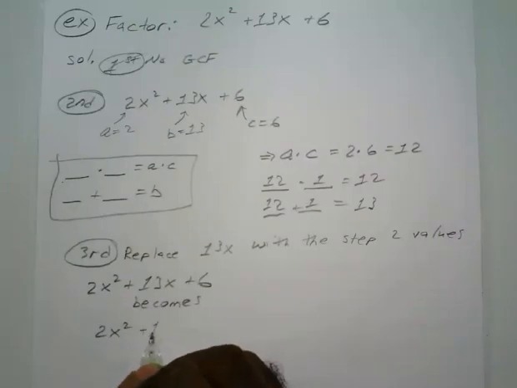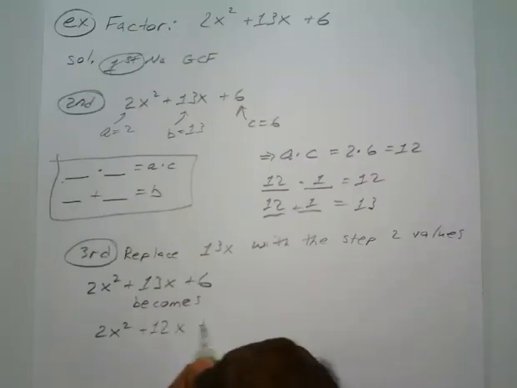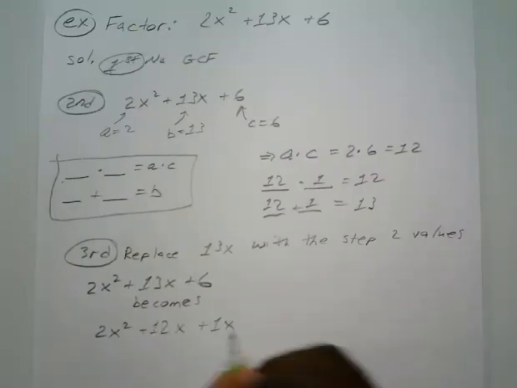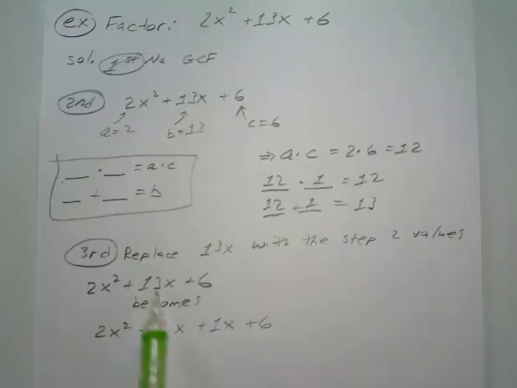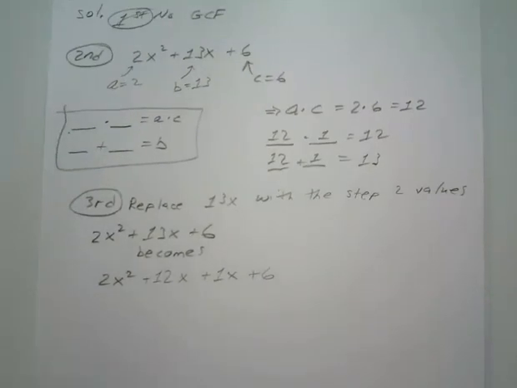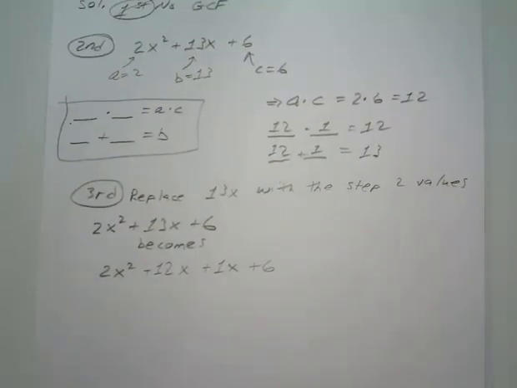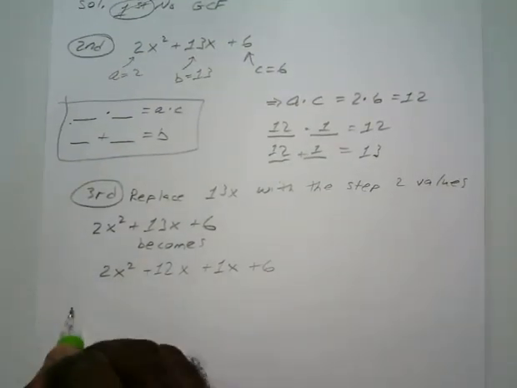So plus 12x plus 1x plus 6. All we did was replace that middle term with the two values from step 2. Alright, so our fourth step is just factor by grouping.